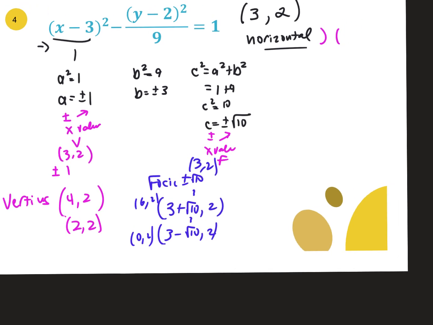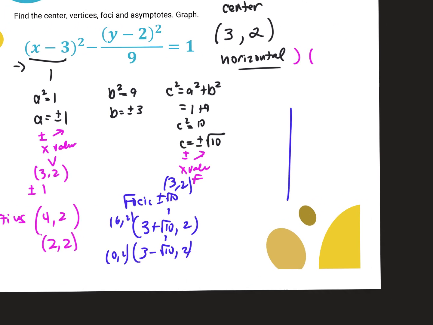So if we want to give ourselves a quick little picture, you can wait until you get your asymptotes, however you'd like to do it. Our center's at (3, 2), so over 3, up 2.